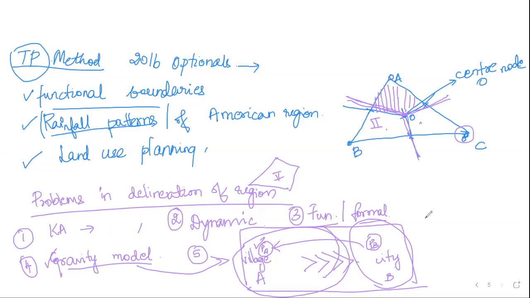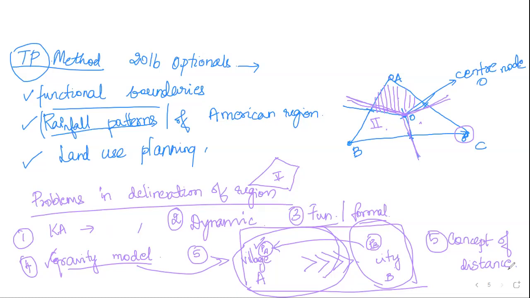Okay, so these are the important problems in delineation of a region. And then one more thing you can add, number five, the concept of distance. The concept of distance is slowly losing its relevance.